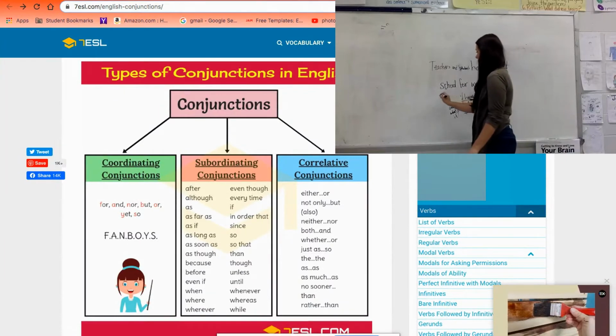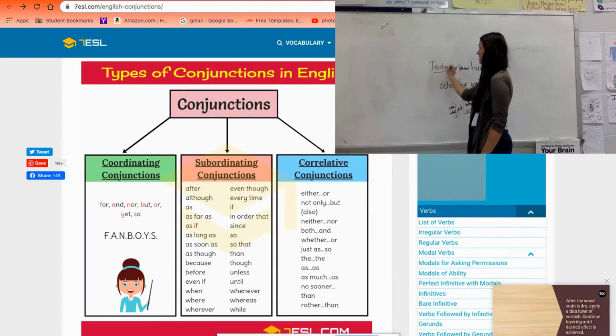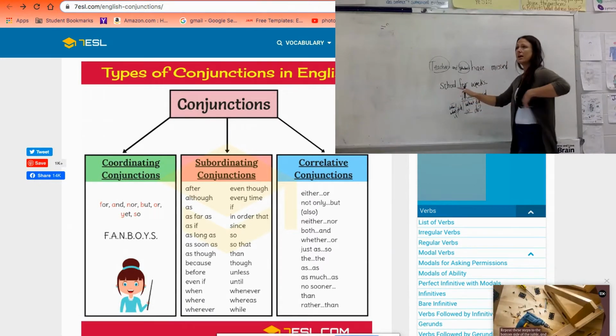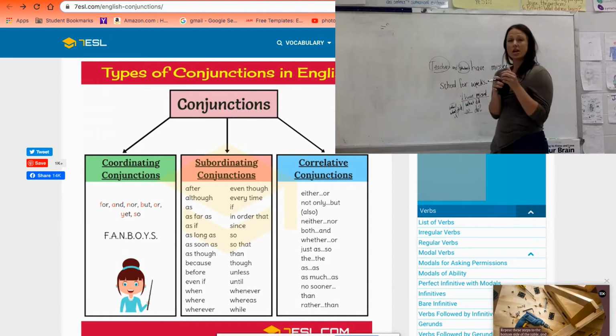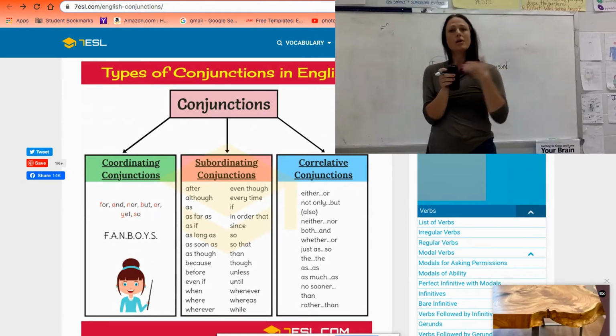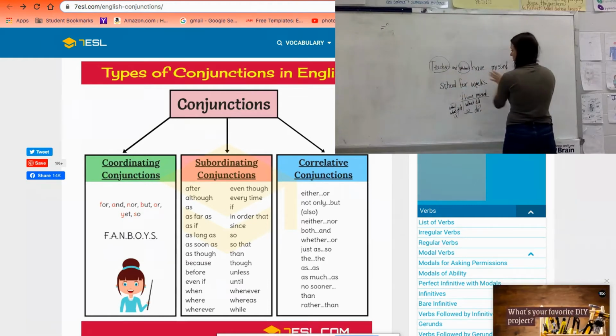So I have teachers and again, we're not diagramming, so I'm not going to draw that the way it should be diagrammed, but I have two things. I have teachers and I have students. So I have two subjects. That does not mean I still have a simple sentence. It does not mean I have a compound sentence because I have two subjects. I just have two subjects. They're still working with this verb.